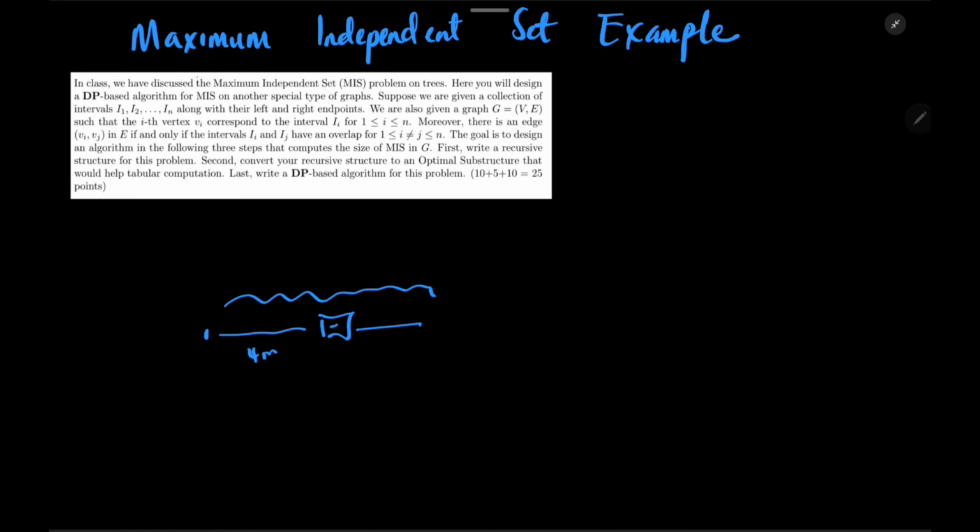So in a way, you can look at this as maximum independent set, because if this first phone station covers this 4 miles and this 4 miles, and we have another 4 miles here, and we have another phone station here, these two phone stations, 1 and 2, are not connected. Supposing each connection is per 4 miles, they are not connected. So we could look at it as maximum independent set.